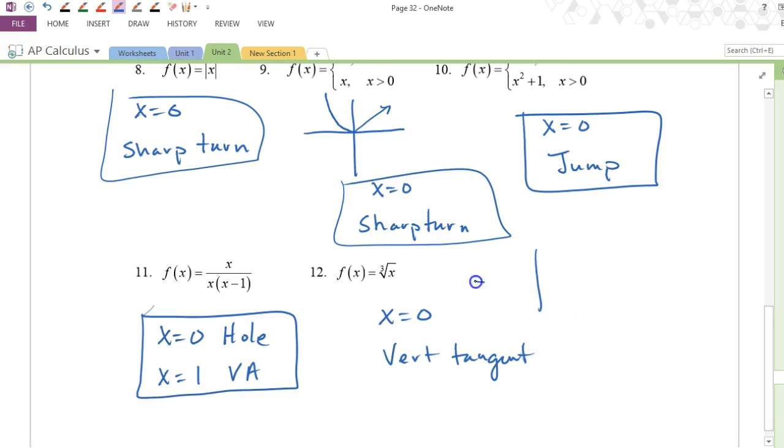If you were going to graph this, x cubed is basically a John Travolta pose turned on its side. You're looking right at that origin spot, how it turns right there. Right there, there happens to be a vertical tangent.